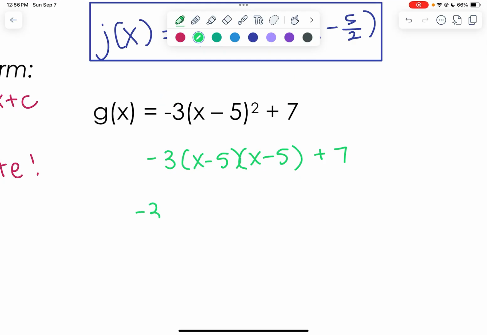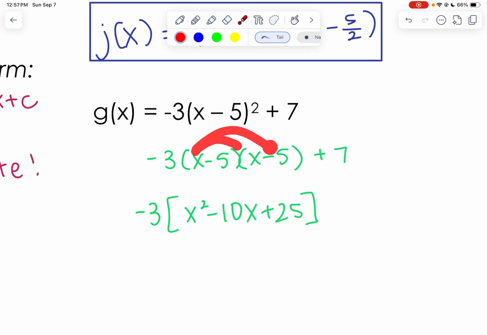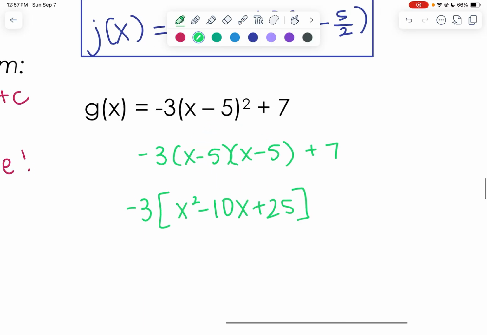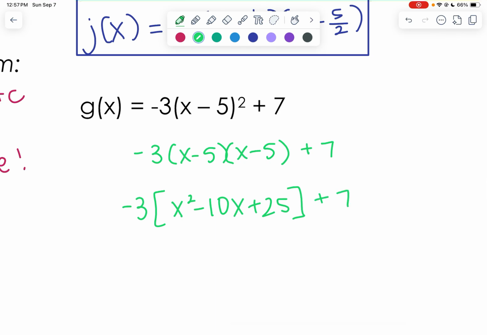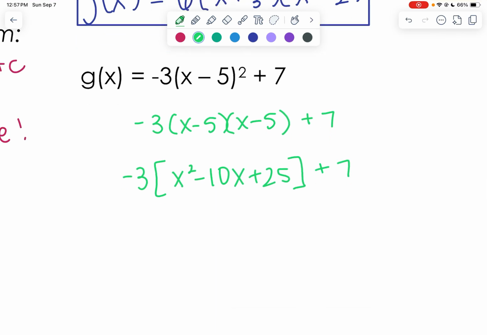So this is going to be negative 3 times x minus 5 times x minus 5. That's a perfect square trinomial. That's going to be x squared minus 10x plus 25. So hopefully you kind of remember your PST rules, but you can also just distribute everything like what we did before, okay, plus 7. Now I'm going to distribute the negative 3, so that's negative 3x squared.